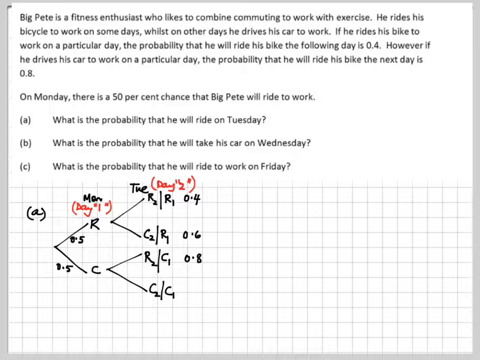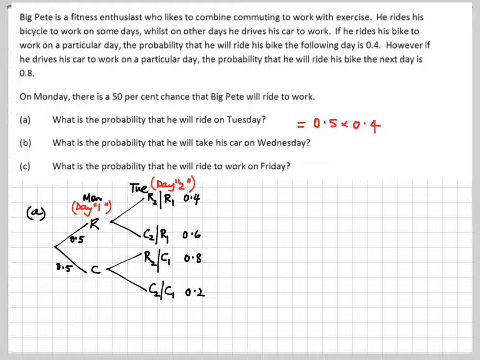And the other ones were 0.8. If he took the car the first day he wants to ride, so it's 0.8 probable that he'll ride, and then 0.2 that he'll take the car again. Okay? All right. Now, let's just see what we've got. We can easily work this out now because for the probability that he'll ride on Tuesday, there are 2 riding events there on Tuesday which we can add their probabilities up.